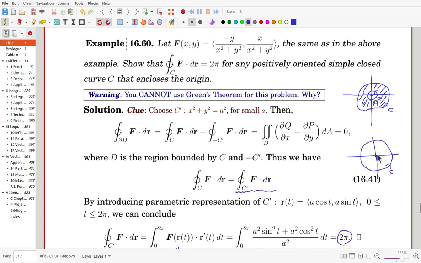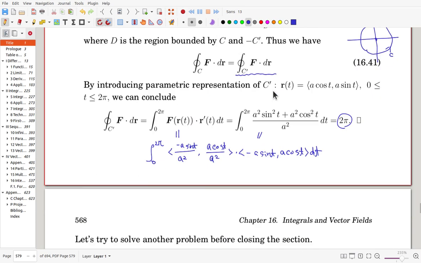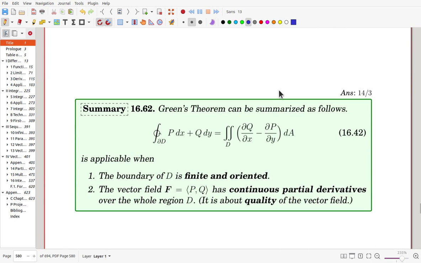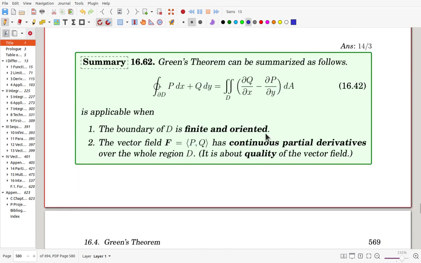A single point is not oriented, so you cannot use the standard Green's theorem for this problem. So the boundary must be oriented, and the vector field has continuous partial derivatives over the whole region.